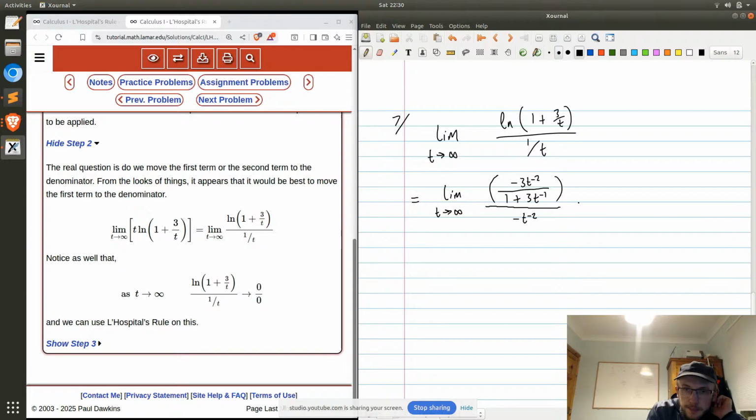All right. Now, simplify the algebra. So that there is divided by that there. And that means that you multiply the bottom by that there.